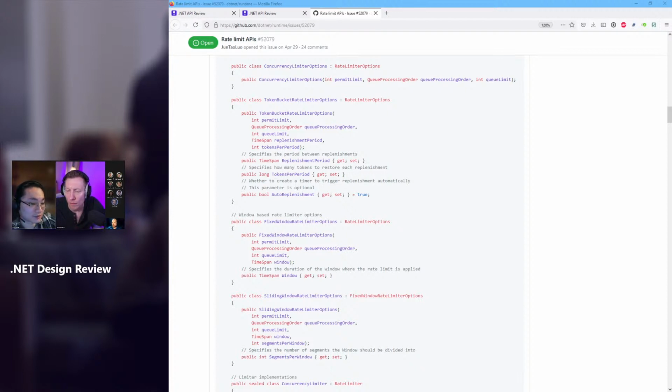I think we'll need a rate limiter wrapper. You would recreate the rate limiter for the ones where you could. Essentially, I think that's what that is, which is we have a wrapper for these implementations, and in that wrapper it would take in an options class, and when those options change, it creates a new instance of these limiters, and essentially goes through all the queued requests and moves them over to the new concurrency limiter, for example.